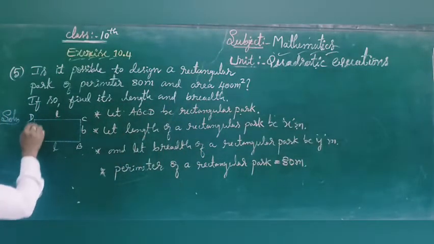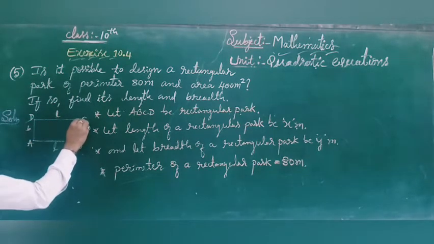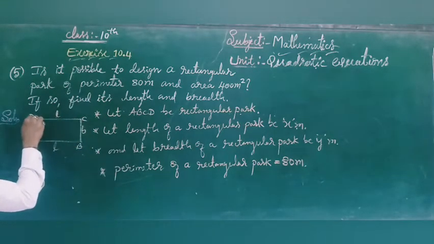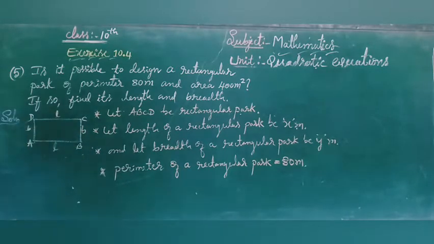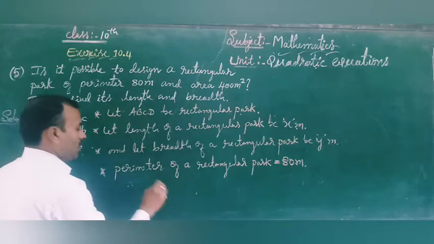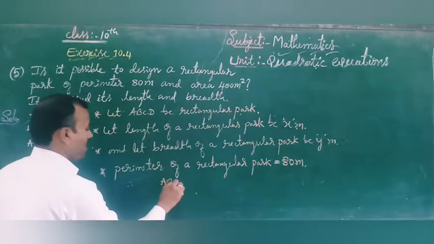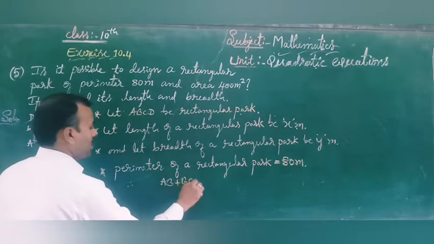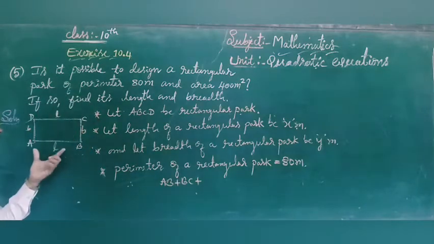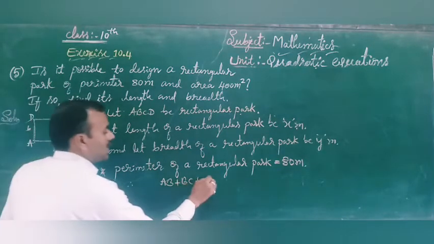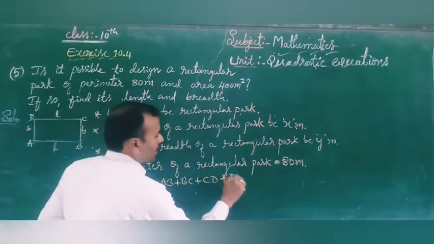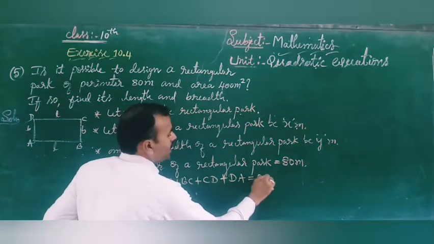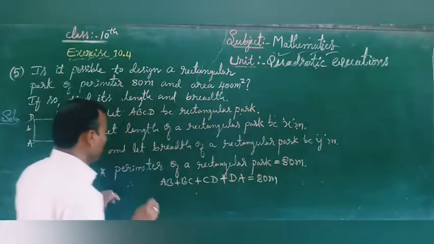Perimeter of the rectangular form ABCD is AB plus BC plus CD plus DA, that is L plus B plus L plus B. Therefore, AB plus BC plus CD plus DA equals 80 meter.